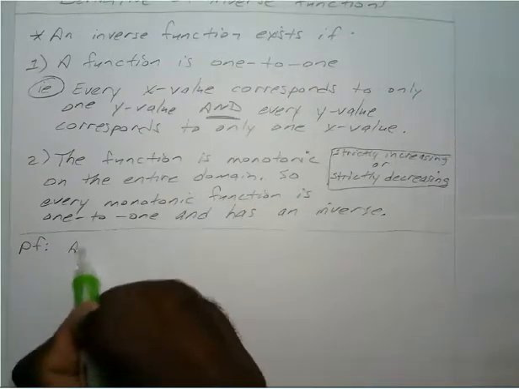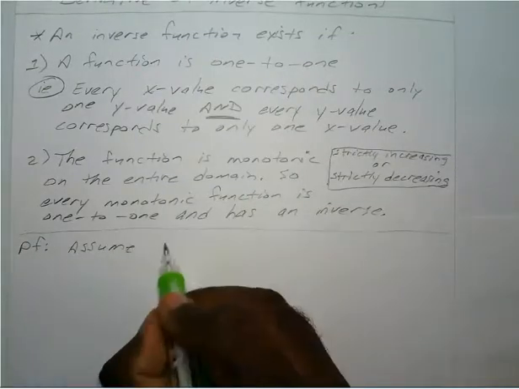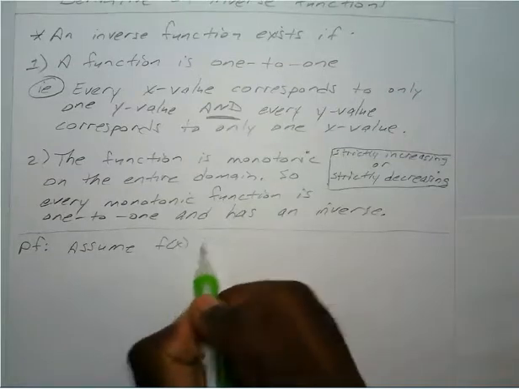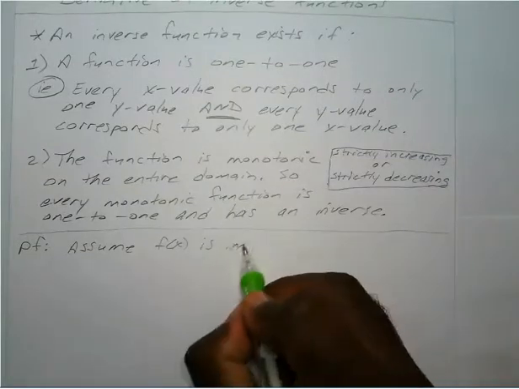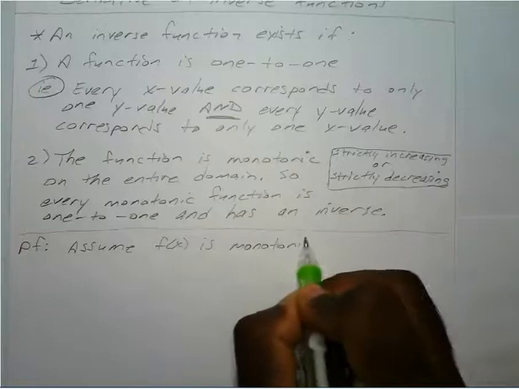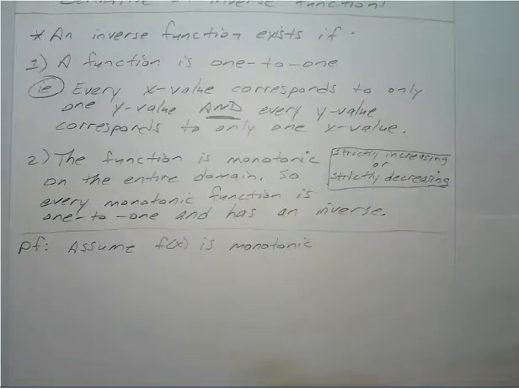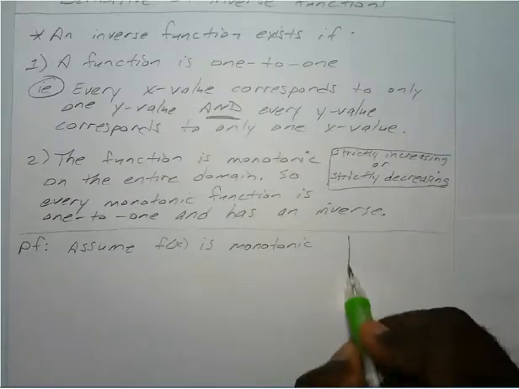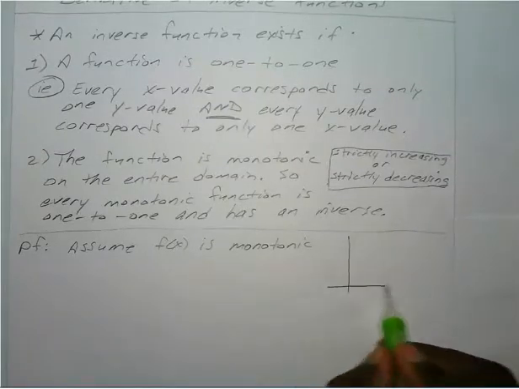What if we assume f of x is monotonic? What does that mean? That means it's either increasing for the whole graph, or it's decreasing for the whole graph.